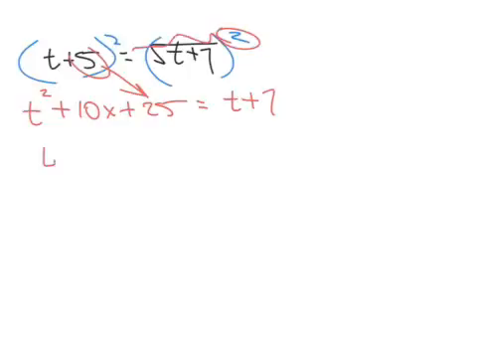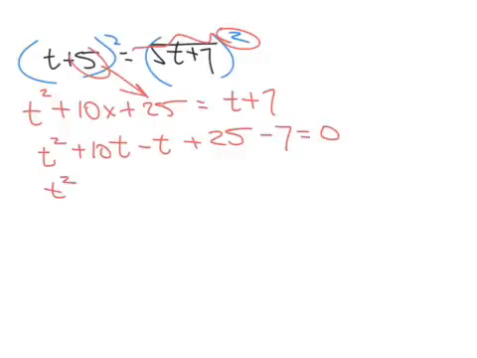Now I'm going to bring everything to the same side. Sorry, that's a t, not an x. Okay, so t squared plus 9t plus 18 equals 0. Then we factor it into two binomials.